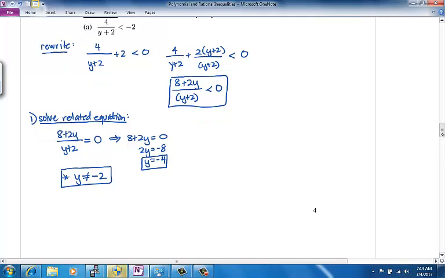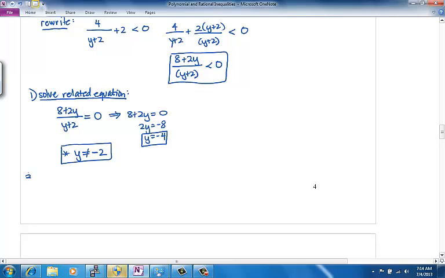So we do a number line. Put the values on in the correct order, so negative 4 and then negative 2. I put a circle around negative 2 because I like to remember that that cannot be included.